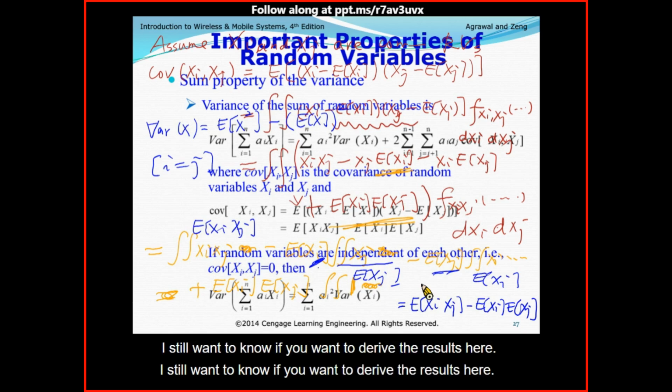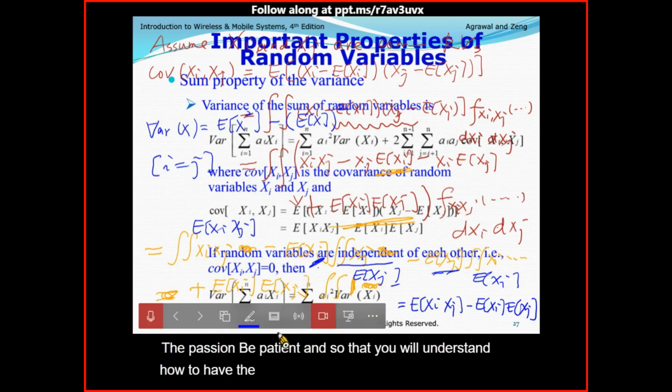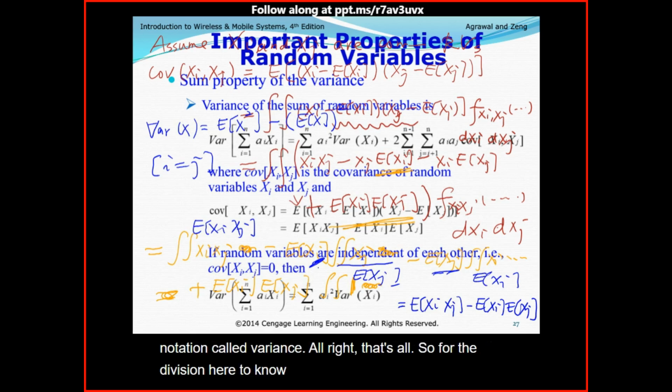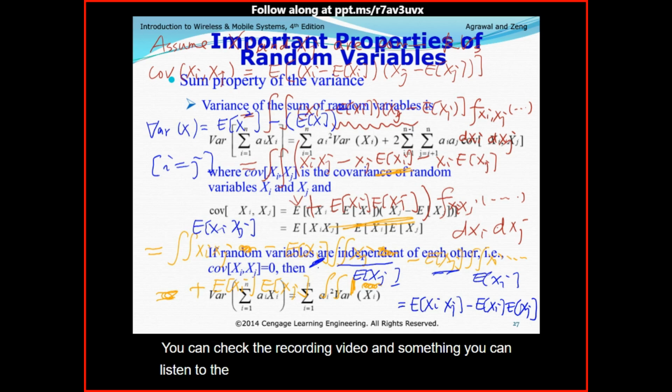Be patient, and you will understand how to get the expression by using the newly introduced notation, covariance. All right, that's all for the derivation here, to know the property. Is it okay? If you still have some questions, you can check the recorded video and listen to the discussion again. All right, I assume you can understand some, maybe not all, but let me continue.